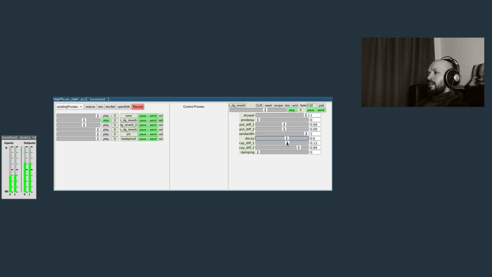The thing is, when we increase the decay, the metallic quality is not that big a problem anymore, because it gets masked by the later sound, yeah. Well, more or less, yeah.